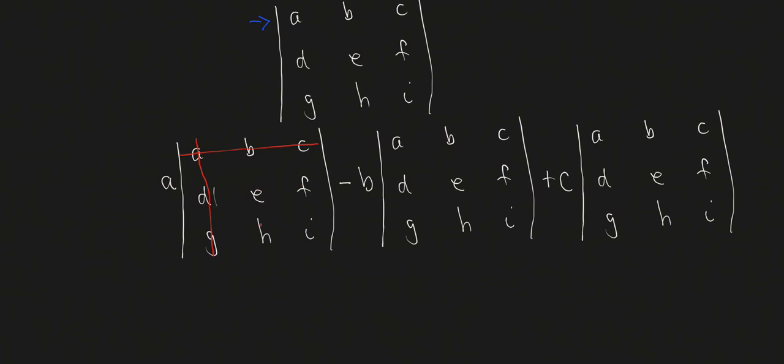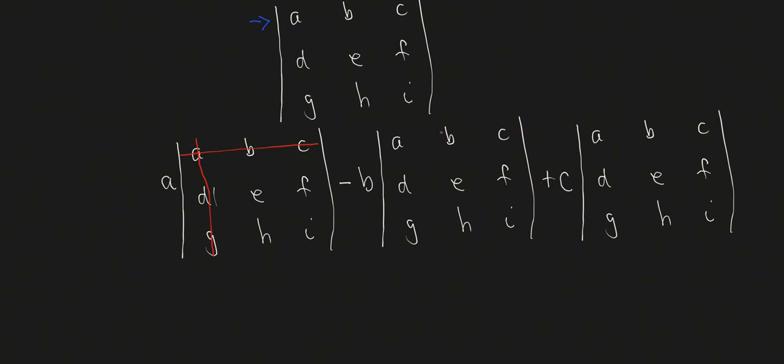That's the determinant I'm going to use to multiply the A. So it's not the full 3 by 3 determinant. I'm breaking it down into a combination of several 2 by 2 determinants, and then there is this pattern of plus, minus, plus.